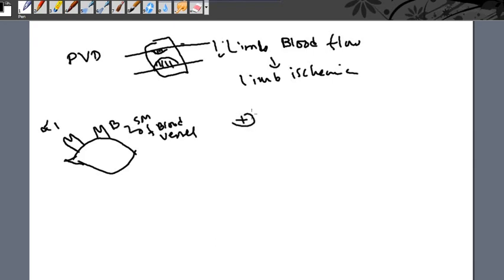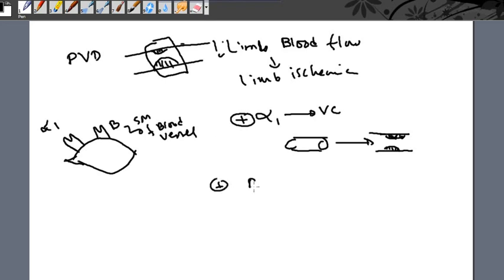If you stimulate the alpha 1 receptor, that will lead to vasoconstriction, right? The vessel will go like this, and there will be narrowing of the blood vessel.